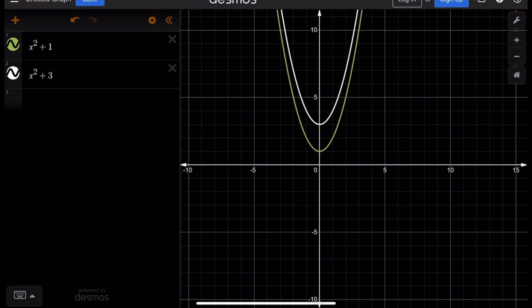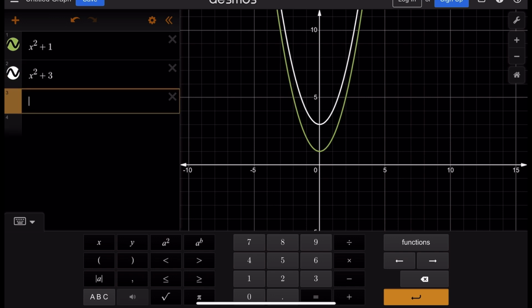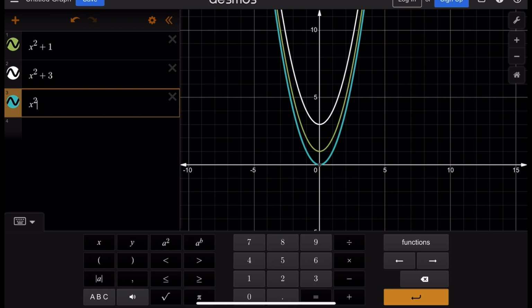Why? Because it is the same graph, we just move it up. We just take the same graph, which is x squared, and we are just moving it up 1 unit or 3 units.